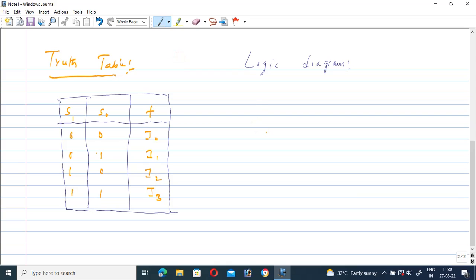If you want to draw the logic diagram, first of all, what are the possible input combinations?